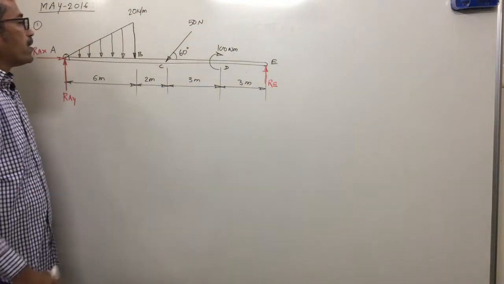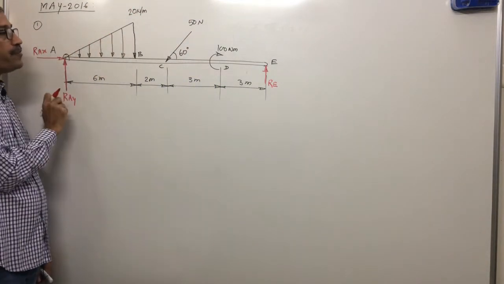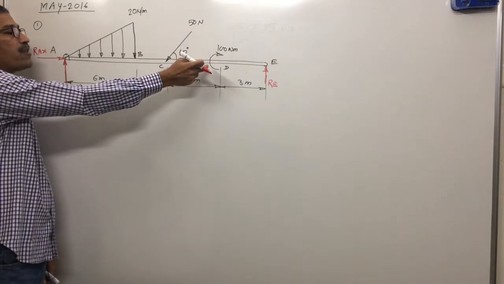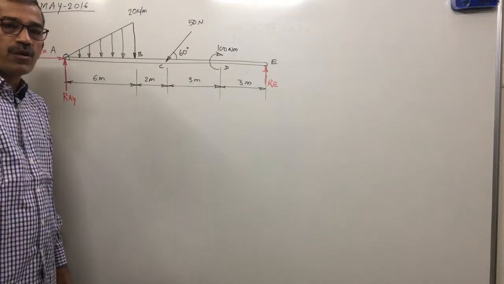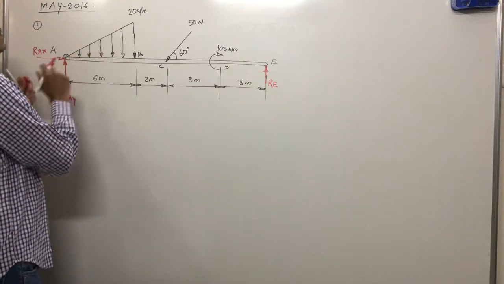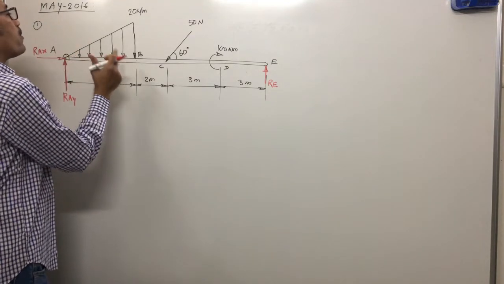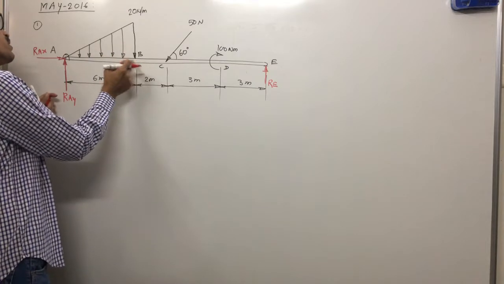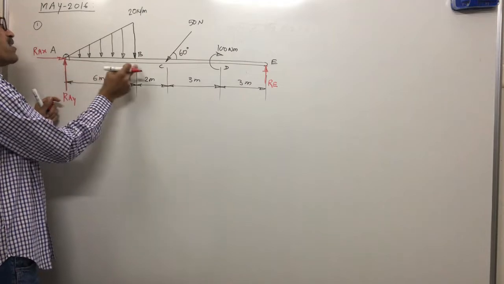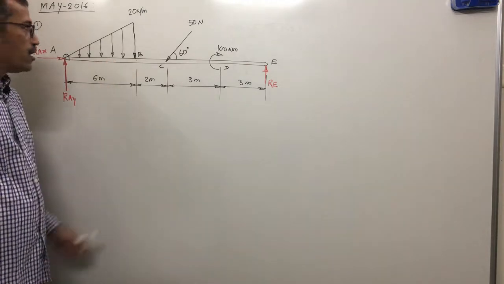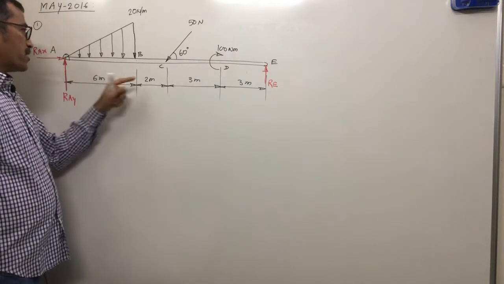Now there is one UVL, one point load, and one couple. Whenever there is a distributed load, we convert it into an equivalent point load. For the UVL, the equivalent load acts at 1/3 of its span from the maximum load end. Span means the distance over which the load acts, so the span is 6 meter.